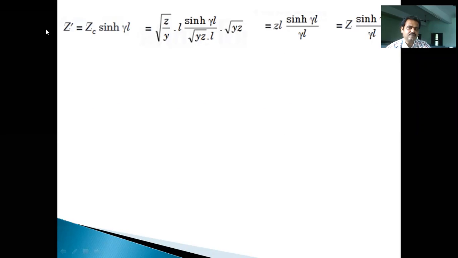So if I want to find out the series impedance of a long transmission line in an equivalent pi model, z dash is equal to this lumped parameter multiplied with sine h gamma l by gamma l. If we multiply with this fraction, the lumped parameters are converted into almost equivalent values of distributed parameters.